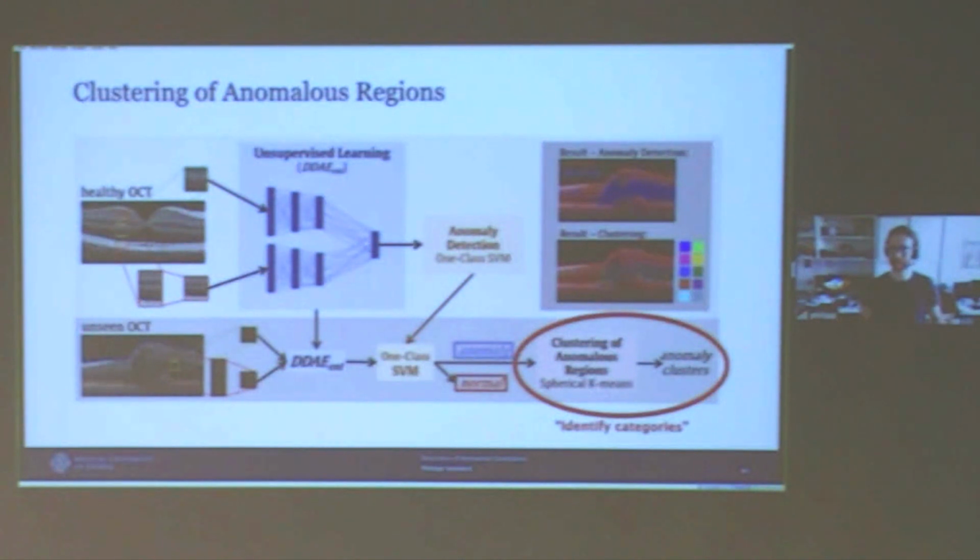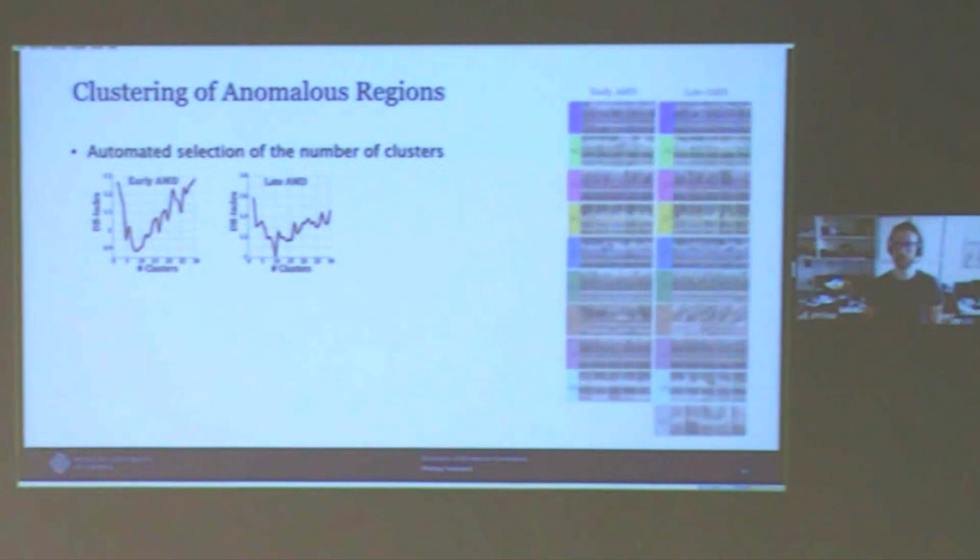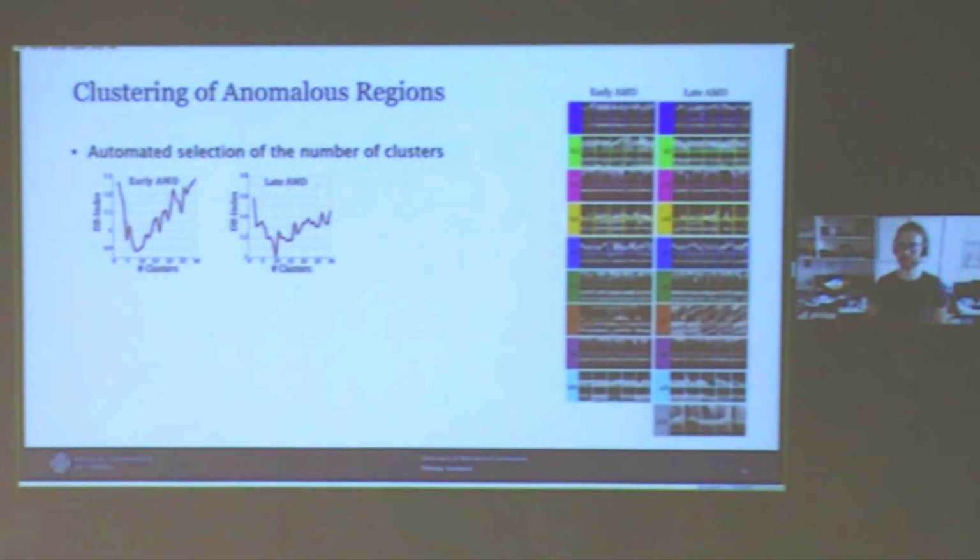But besides this improvement potential, what we did here is what I said before. First, anomaly detection: we separated the normal from the anomalous cases. And in the second step, we focused on these anomalous areas and tried to find markers in there. So we performed clustering of these patches.